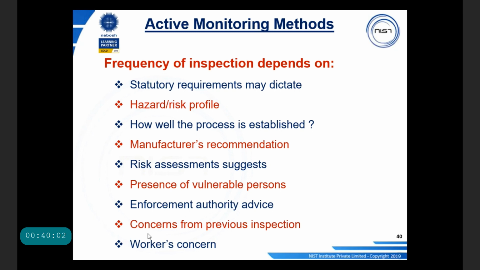Risk assessment may also suggest the frequency of inspection. I'll ask you a question. In your risk assessment, you may have identified the control measures that are already implemented. You would also be identifying in your risk assessment what further controls are required, right?